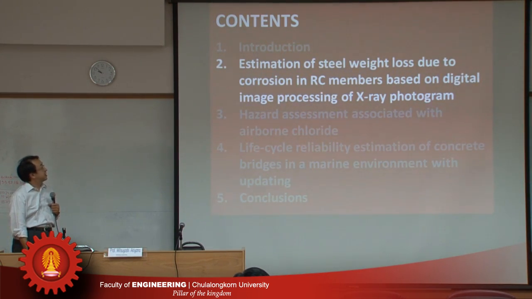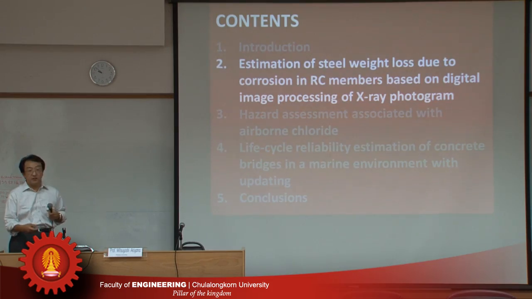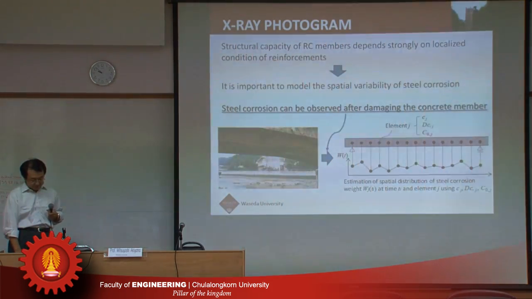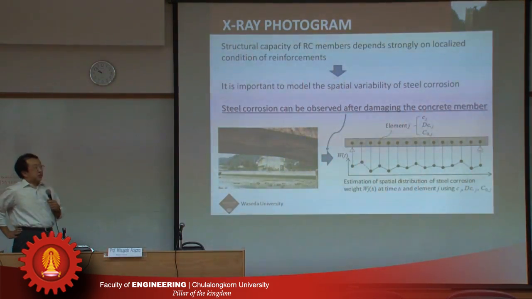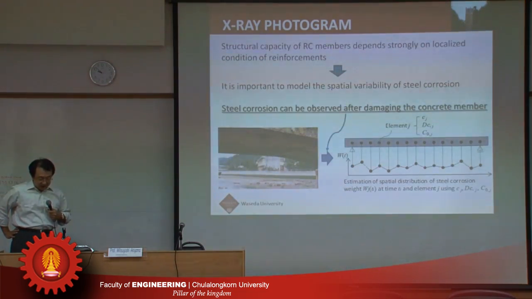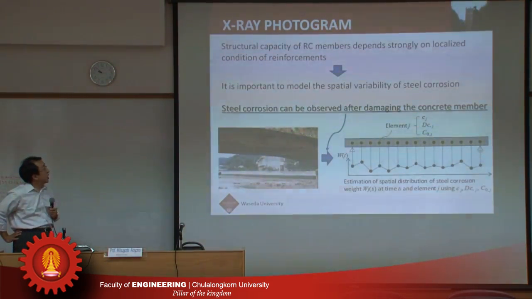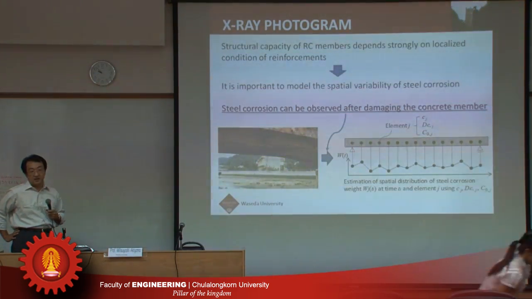So next I will present estimation of steel weight loss using X-ray photogram. Because the structural capacity of a corroded RC member depends strongly on the localized condition of reinforcement, it is very important to model the spatial variability of steel corrosion.